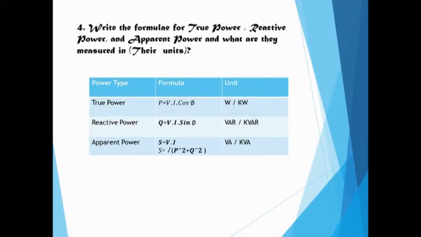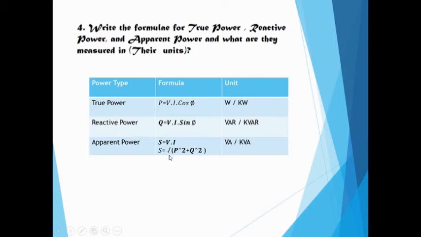Write the formula for true power, reactive power, and apparent power, and what are they measured in. Their units are as follows. True power, P, is volt times current times cos phi, and is measured in watts. Reactive power, Q, is volt times current times sine phi, and is measured in volt amp reactive.